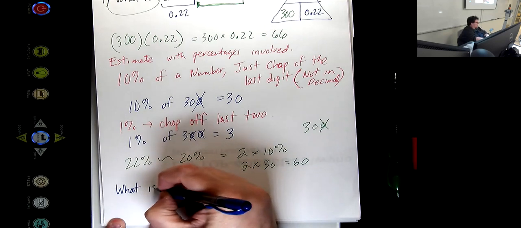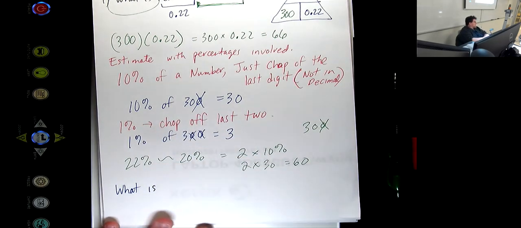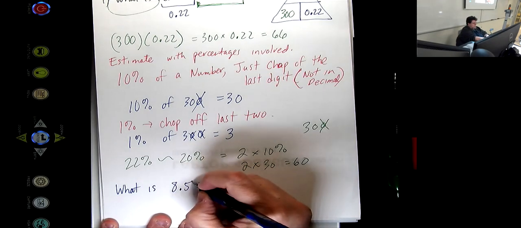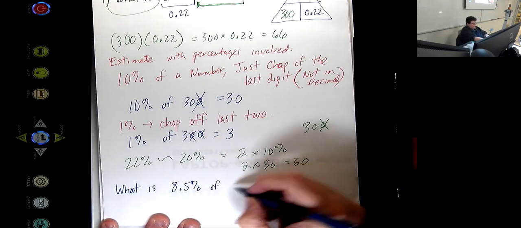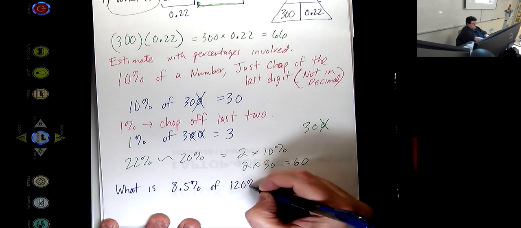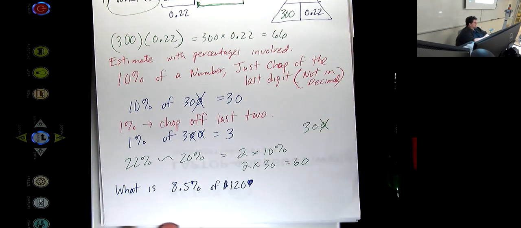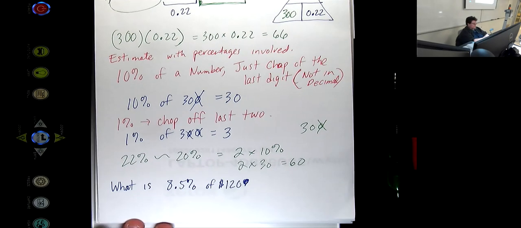What's sales tax nowadays? 8.5 in many situations. $120. Remember when it was 6%? What's the sales tax? I'm going to start with estimating and then do the calculator.